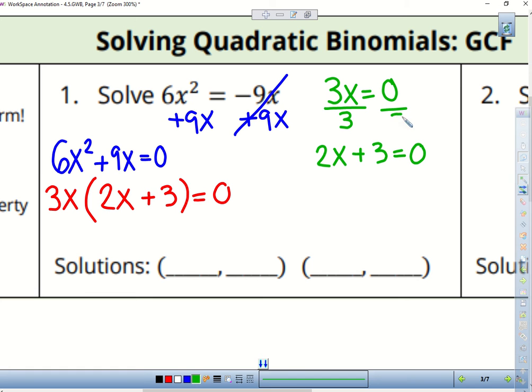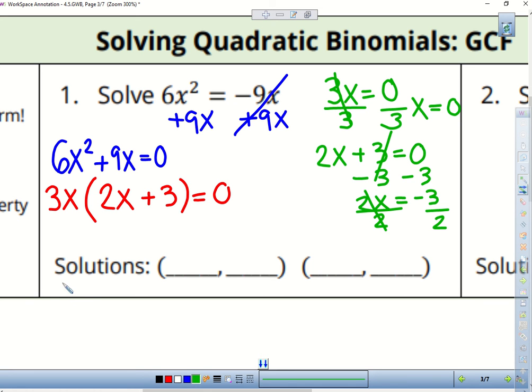You would divide both sides by 3, which comes out to be x equals 0. And for this one, subtract 3 and move it to the other side. Good. Subtract 3 and then divide by 2. So I get x equals negative 3 over 2.